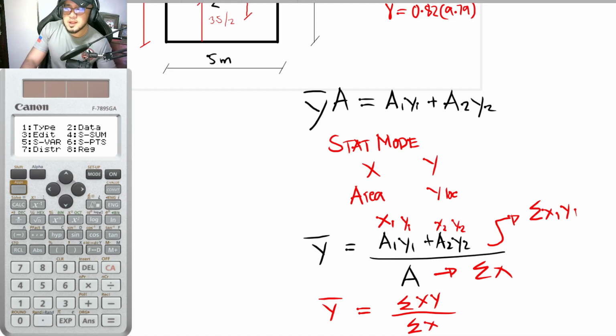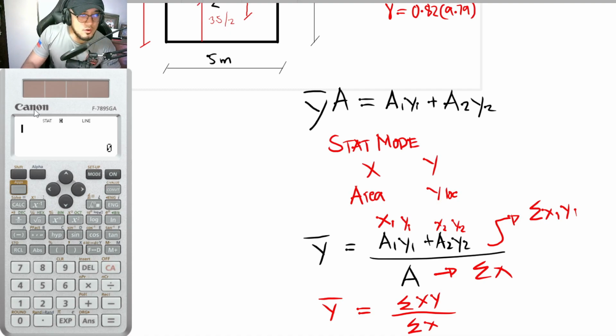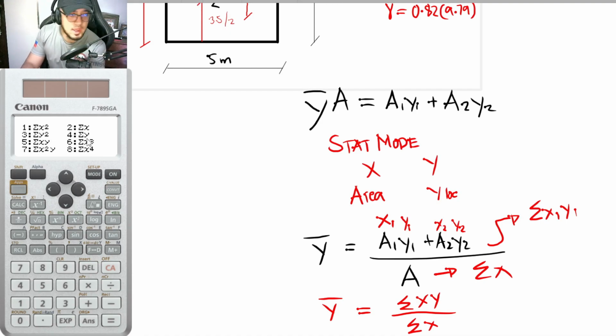So ang gagawin po natin ngayon, once again, if you are already in the stat mode, go to apps, then go to 4 or the summations. So go to 4, then hanapin nyo po dito yung summation ng XY, and that is basically 5. So click 5. So yan na po, summation of XY.